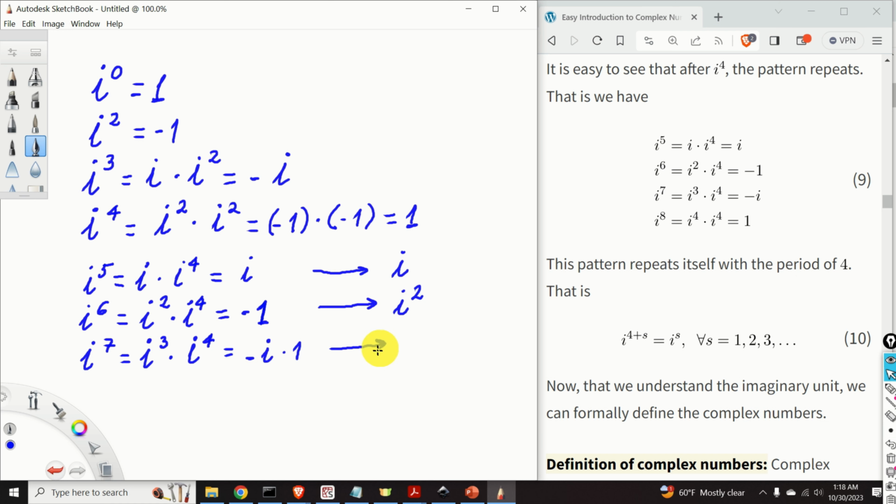This is equal to i to the power 3. So you can see the pattern. And finally, let's compute i to the power 8. It is i to the power 4 multiplying i to the power 4, which is obviously 1 times 1. Again, here's the pattern: i to the power 4. By computing the powers of i for larger numbers, we will see a pattern.